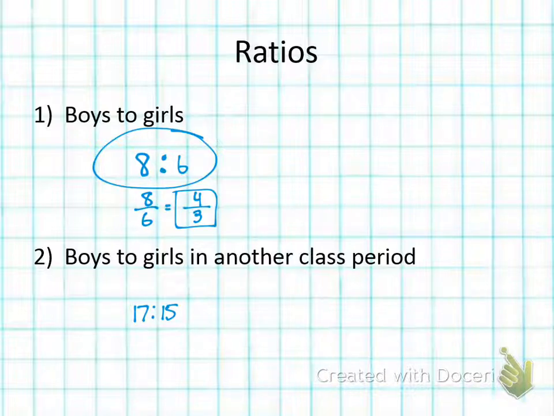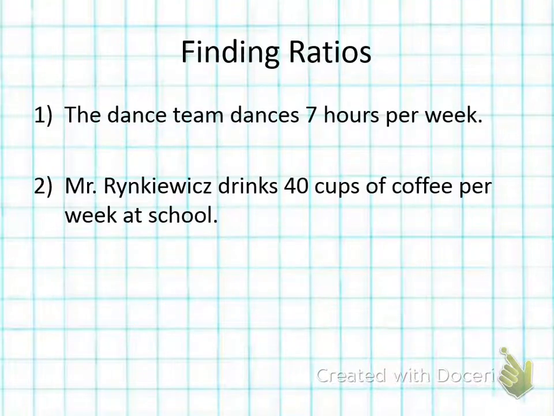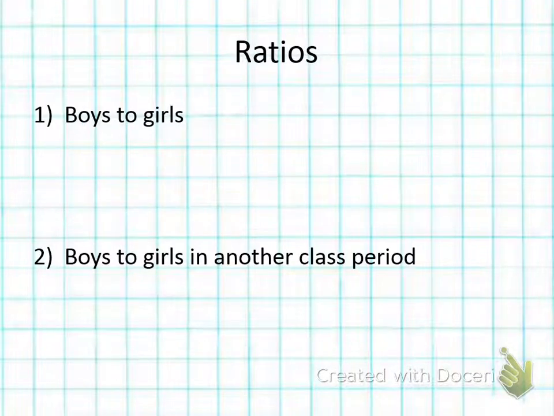Are there more boys to girls here or in the other class? Are you sure? Think about it. I would think we have more boys to girls in this particular class, if we were to compare it. All right. So why don't you write this down for a moment.